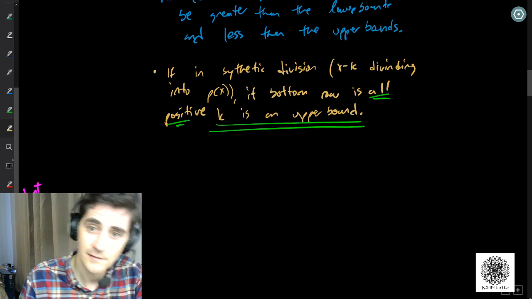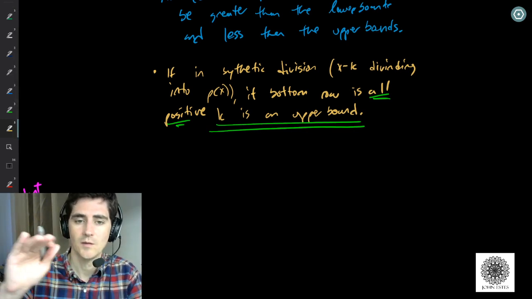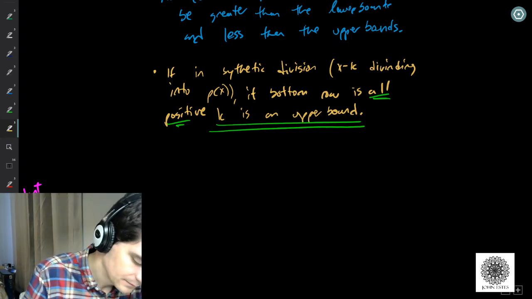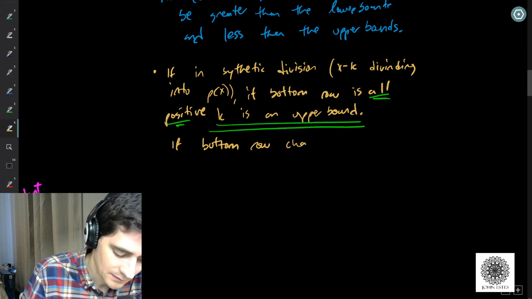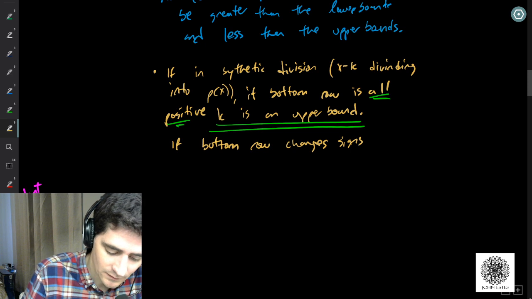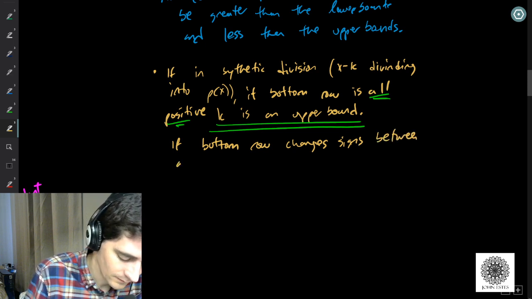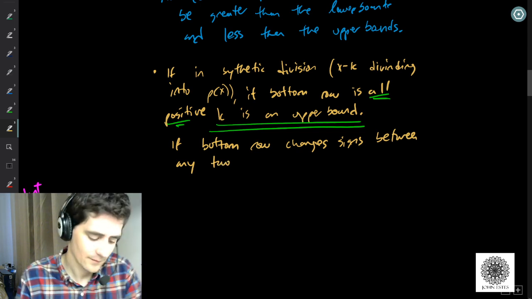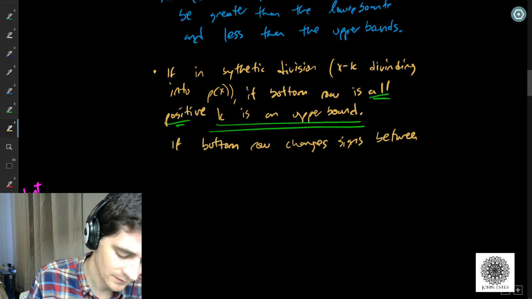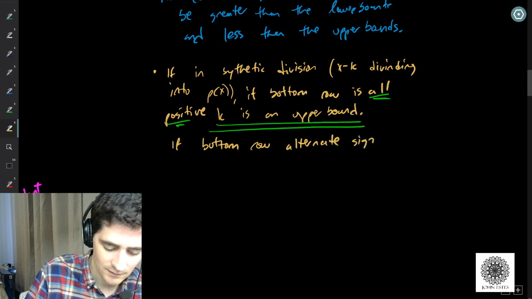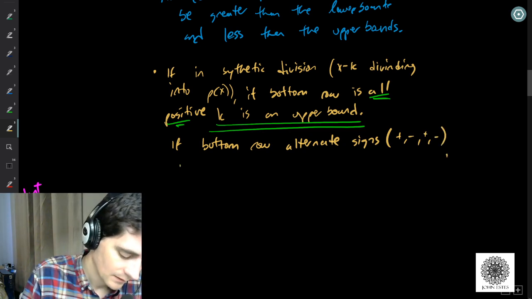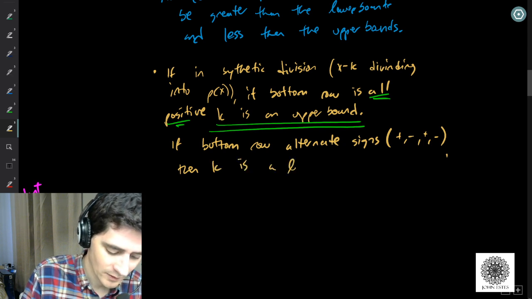Now if the bottom row alternates signs, positive, negative, positive, negative, and so on, then k is a lower bound.